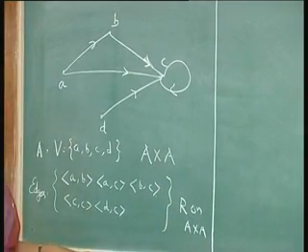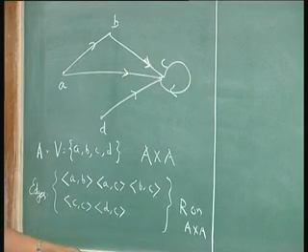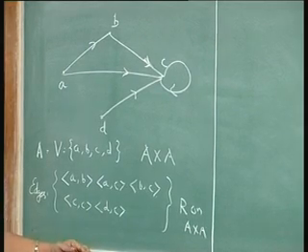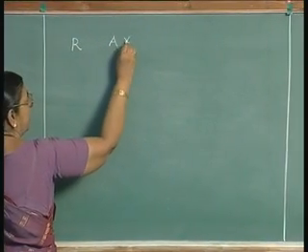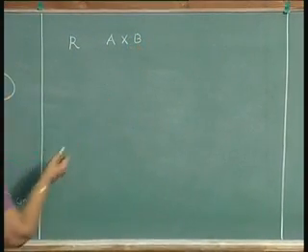Now, if A is a finite set, we can represent it like this. Moreover, the relation R can be on A cross B, where A and B are not the same.